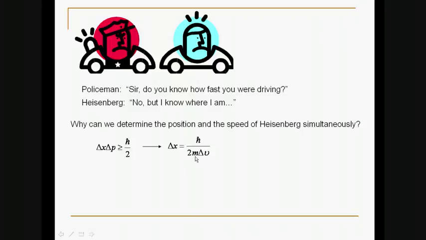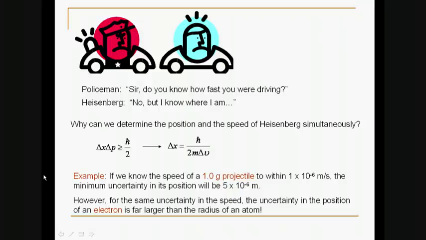Let's look at this formula. If the mass is a mass of a macroscopic object, this number here becomes very, very small. That's because this is small and we are dividing by some very large number. We get a very small delta x, that is very small uncertainty in the position. So if this was the mass of Heisenberg, this delta x here would be practically negligible.